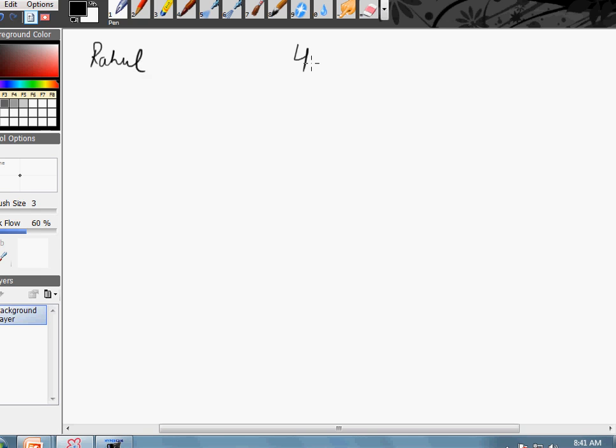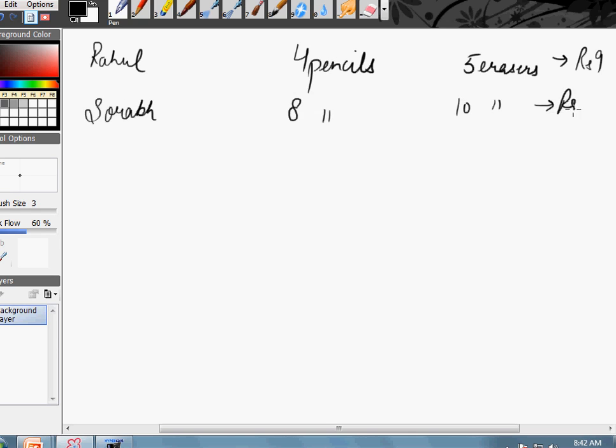Rahul bought 4 pencils and 5 erasers costing rupees 9, whereas Saurabh bought 8 pencils and 10 erasers for rupees 18.